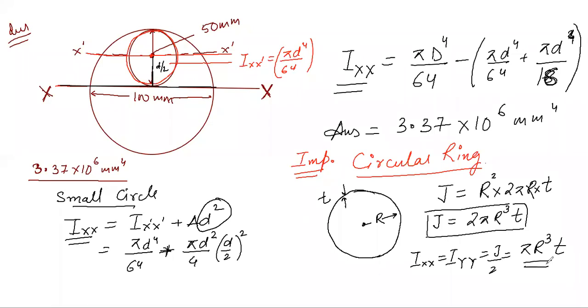Is that clear to everyone? If you have a circular ring, your polar moment of inertia is 2 pi r cube into t, and your moment of inertia about the x or y axis is pi r cube into t. Is that clear to everyone?